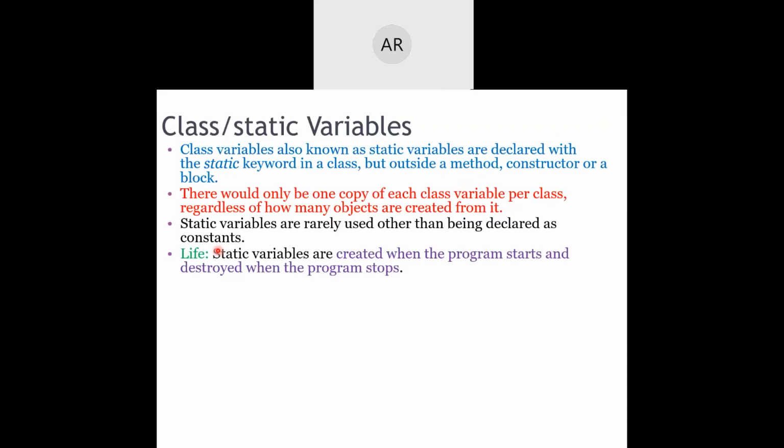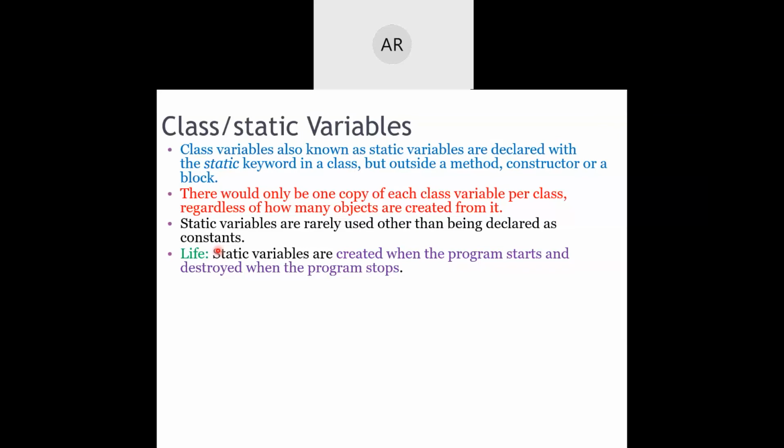So when will the variable be created? When will it be destroyed? That variable will get created when the program starts, not when an object is created. Once you compile your Java program, the variable gets created.